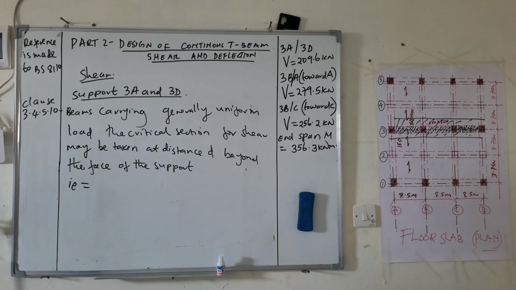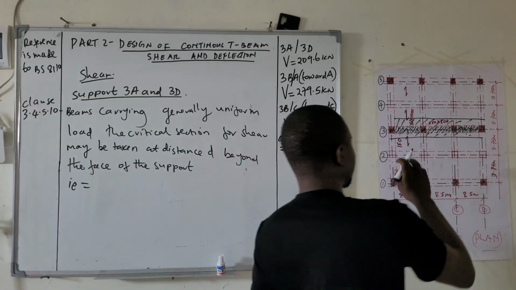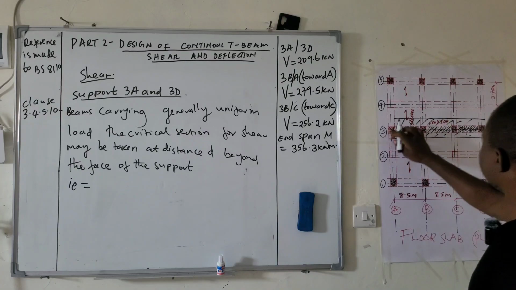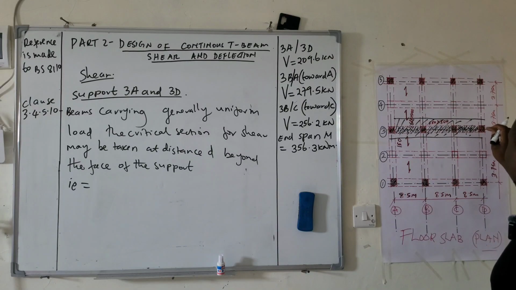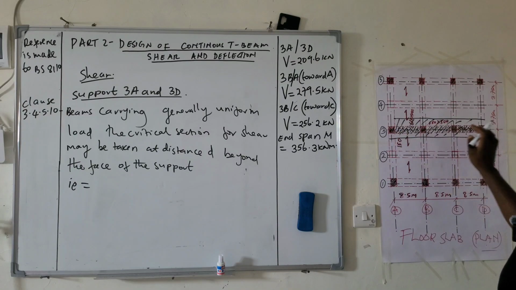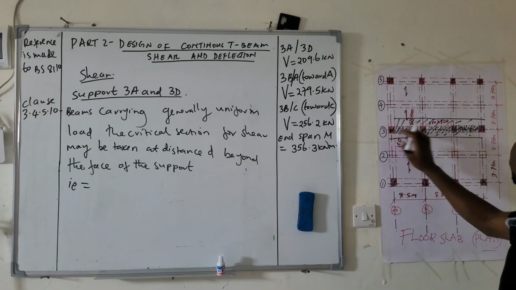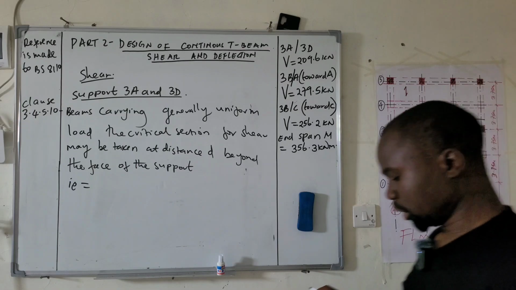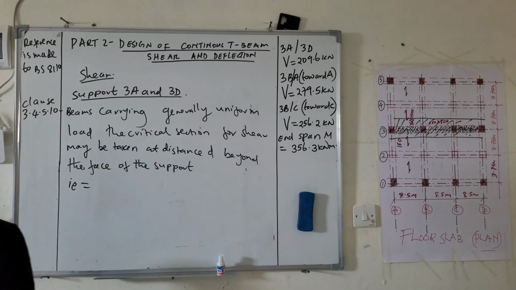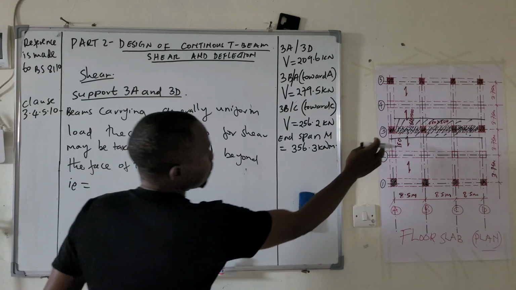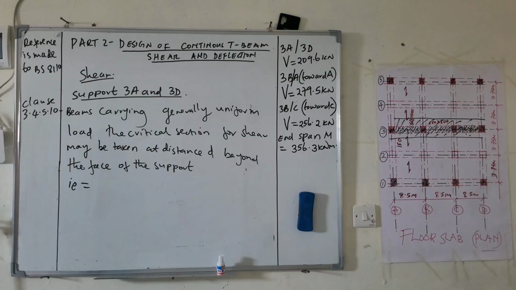So for example, in our case, we have support 3A and support 3D, which are the same, the end supports. For this, we will take half of the support. Remember the question, we were told the column is 400 by 400 millimeter.